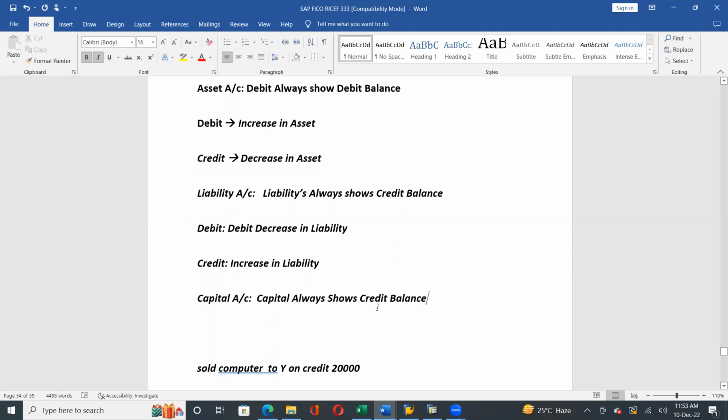Capital always shows a credit balance, right? So debit is decrease in capital, and credit is increase in capital.